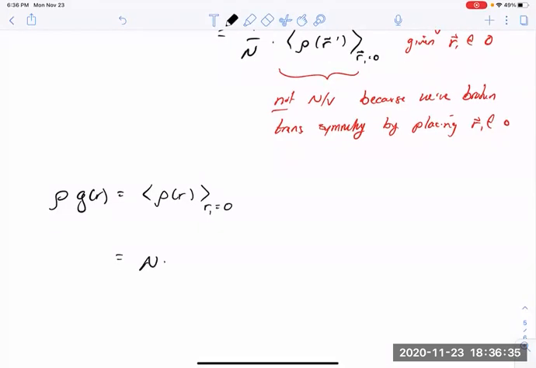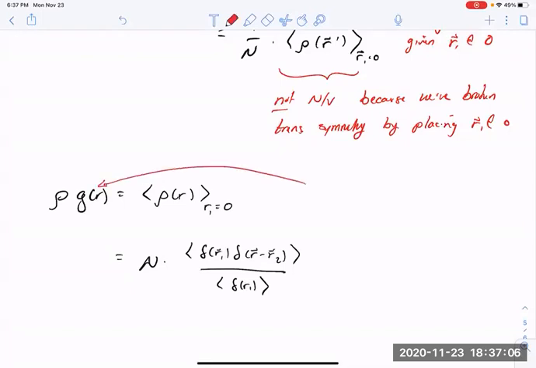So that's going to be N times the conditioned average of finding R2 at R. So the G of R, we will call the radial distribution function.